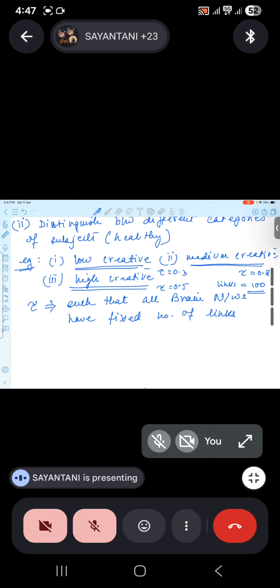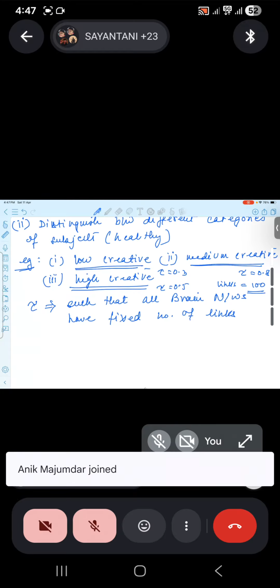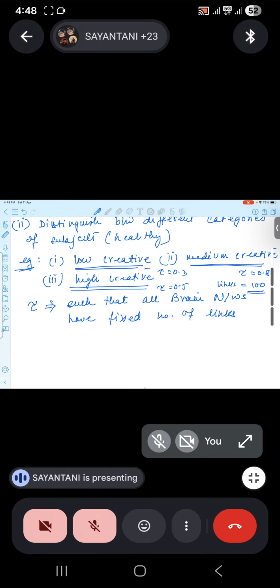And I can emphasize, see, this person is diseased, that is why they have fewer connections. But here everybody is healthy, right? So that is why I have to manually find out the different values of tau, which will ultimately give me a fixed number of links for different categories of networks. Is this part clear to everyone? Any doubts still here?